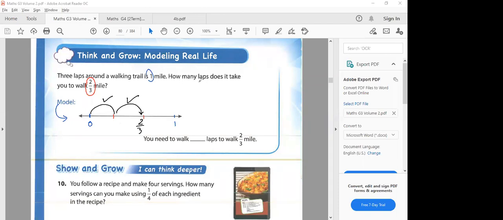The question here is how many jumps. So how many jumps, Ahmad? You just said. 2. 2 jumps. Excellent. So we have 2 laps. Okay, thank you.